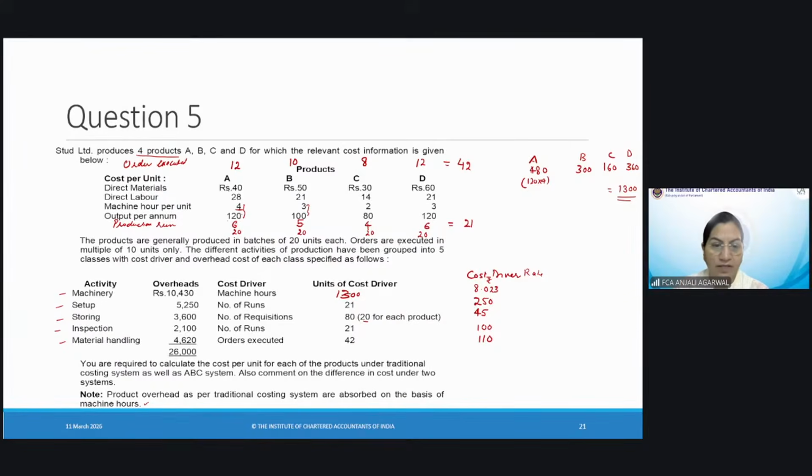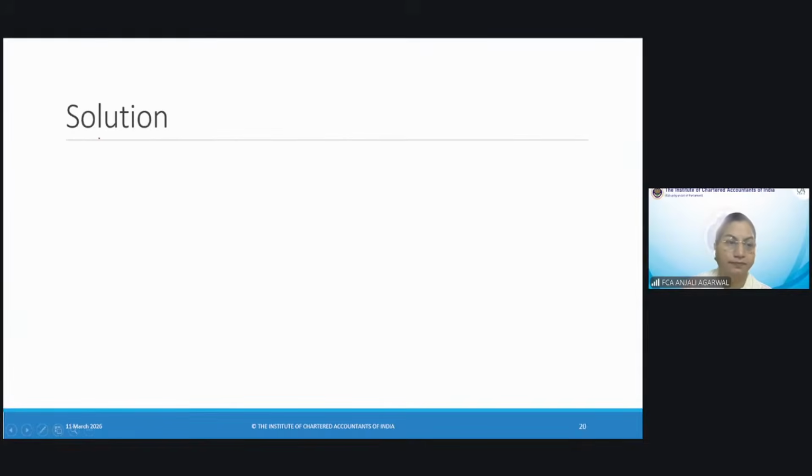So you were requested to calculate the cost per unit under the traditional method. So what is the total cost? 26,000. So under the traditional method, what will happen? A, B, C, D, machine hours 480, 300, 160, and 360.